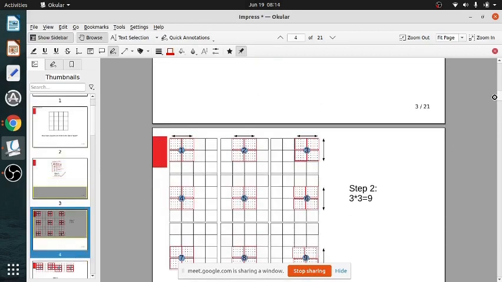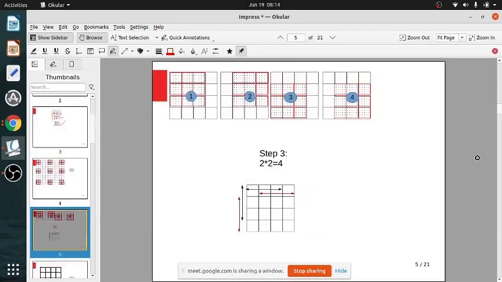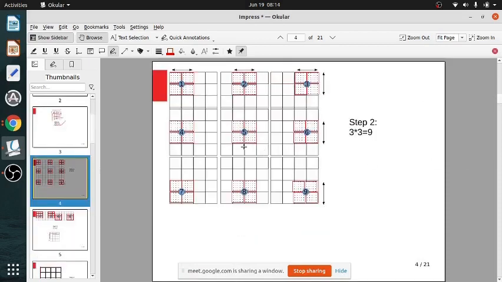Then, if you take 2 squares at a time, see what happens. Here, you can take the first 2. Here you can take the second 2, that means second and third. You can take the last 2. So 3 ways of taking.